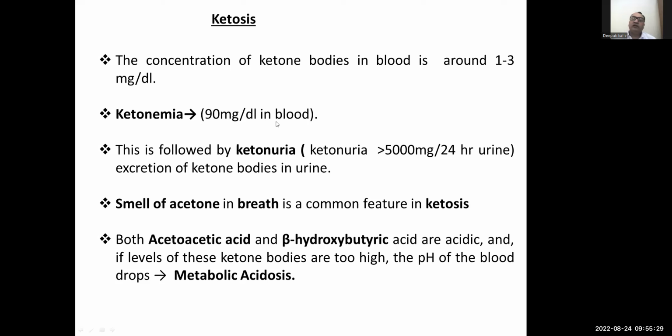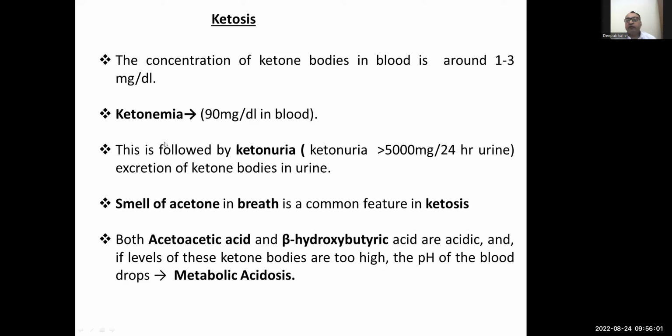Similarly, the urinary concentration of the ketone bodies will also increase, and we call that ketonuria, and the ketonuria at that time will be greater than 5,000 milligram per 24-hour urine. Especially the ketone bodies are excreted in the urine as acetone and acetoacetate, and the acetone and acetoacetate can be detected by means of the Rothera test in case of ketonuria.